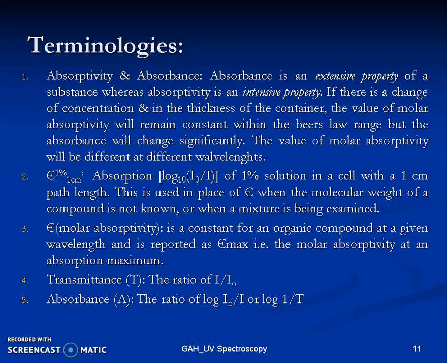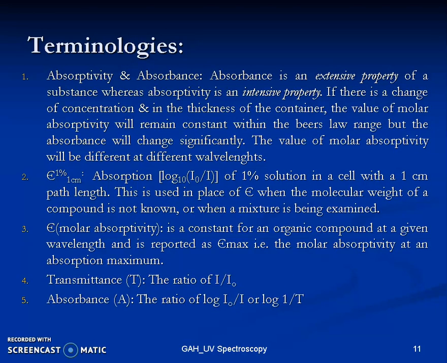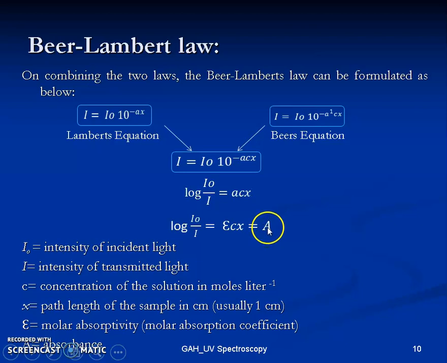So out of this understanding, we have several definitions which come into picture. So we have absorptivity and absorbance now. What is absorbance in the previous equation? Absorbance is this term, whereas the absorptivity is this particular term. Okay, so absorbance is different, absorptivity is different.